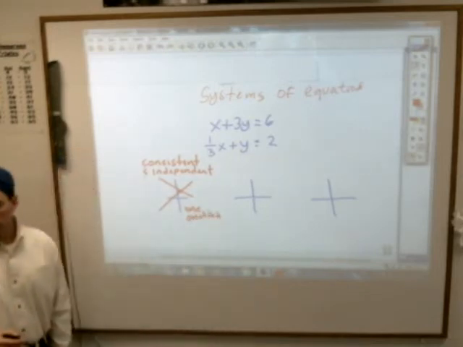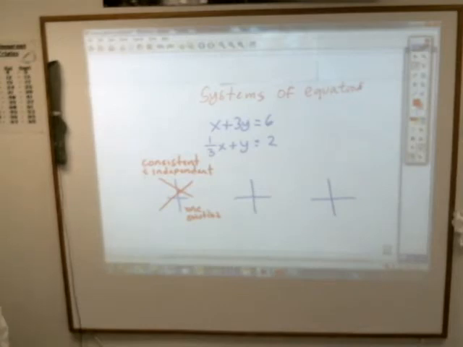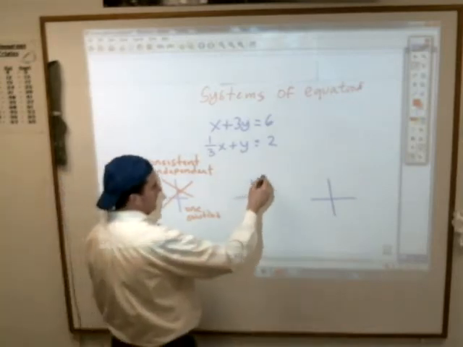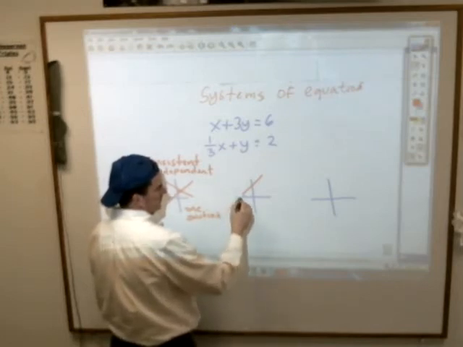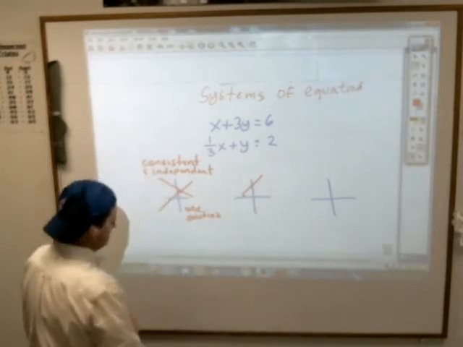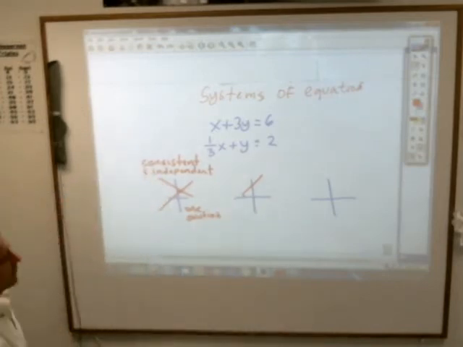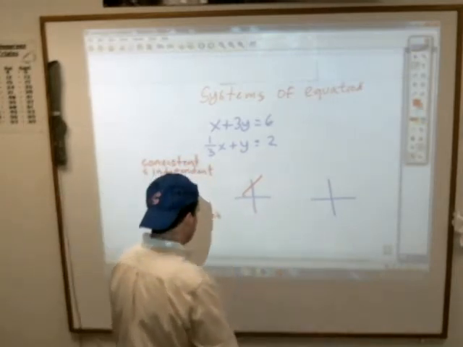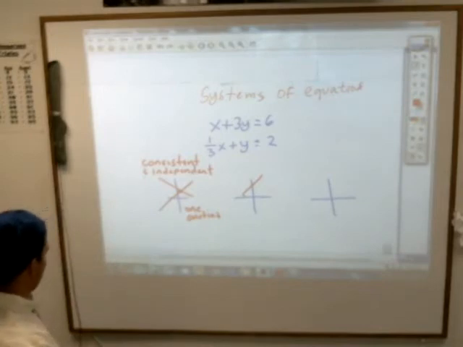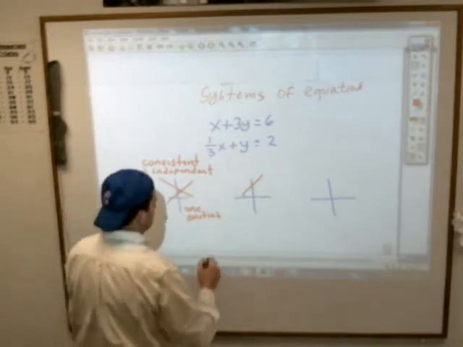Your other option, or one of your other options, is the lines that you graph are the same exact line. Oh, great. I don't know, how would you show this? You could do 2 different colors.